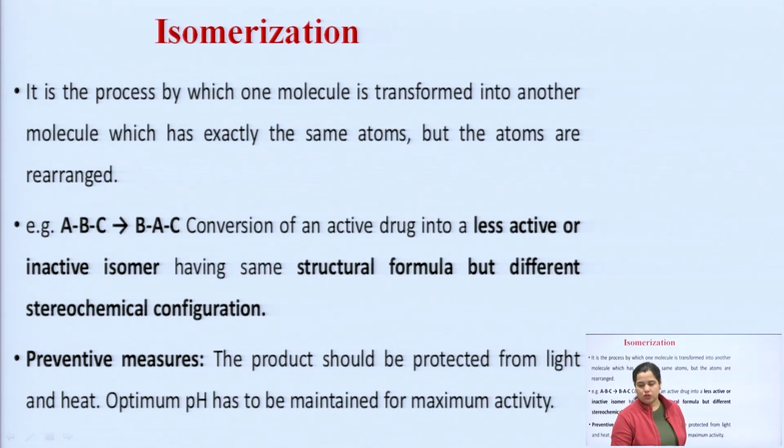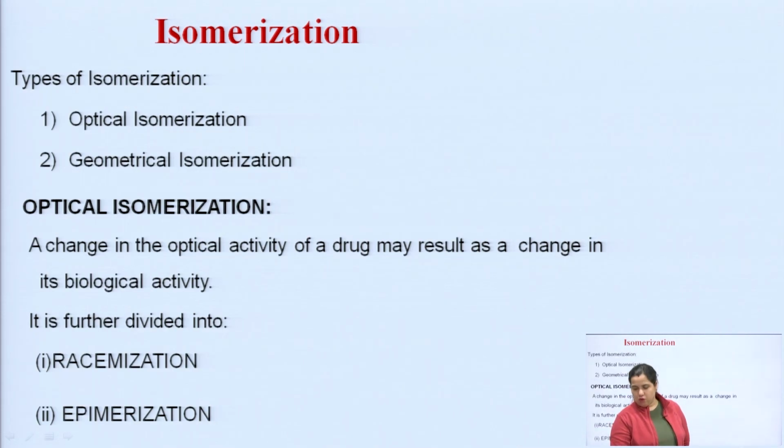Isomerization means the same structural formula but a different stereochemical configuration, like ABC to BAC. Isomers form, and these are further divided into optical and geometrical isomerization.